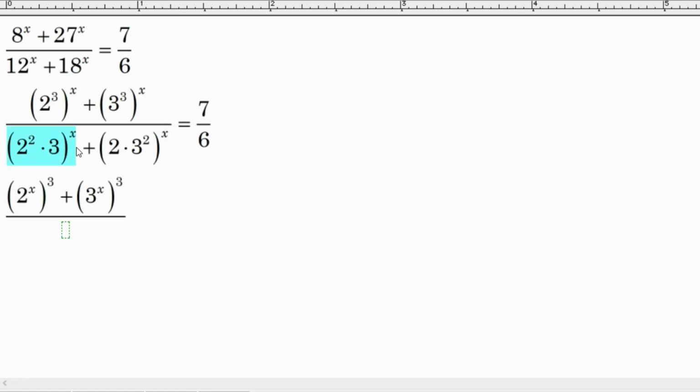Okay, and here we can write 2 to the power x and then raised to the square, because we have 2 squared here, and then we multiply with 3 to the power x.